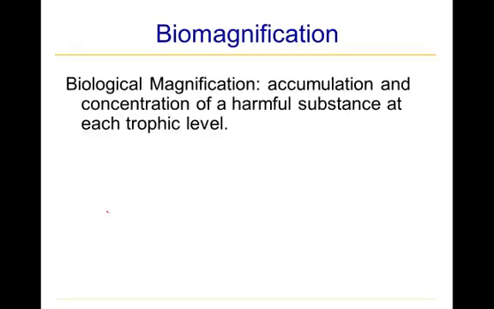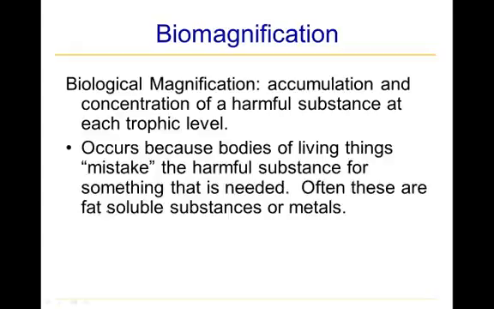The reason that biological magnification, or simply biomagnification, occurs is because the functioning bodies of living organisms, that is, the physiology of an organism, makes a mistake. It mistakes the harmful substance for something that is needed. And often these substances that are mistakenly accumulated are either fat soluble or they are heavy metals.